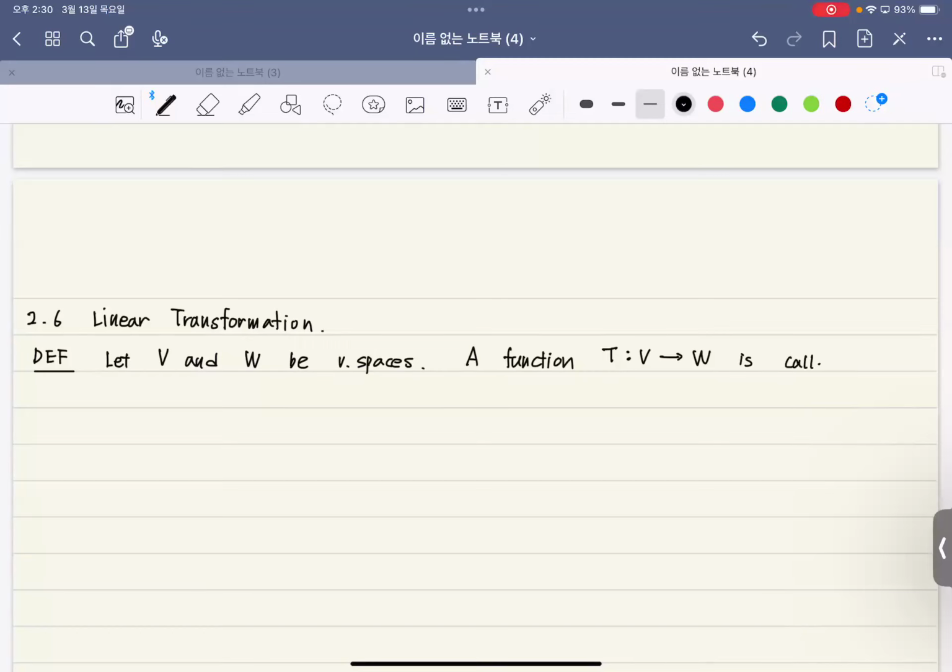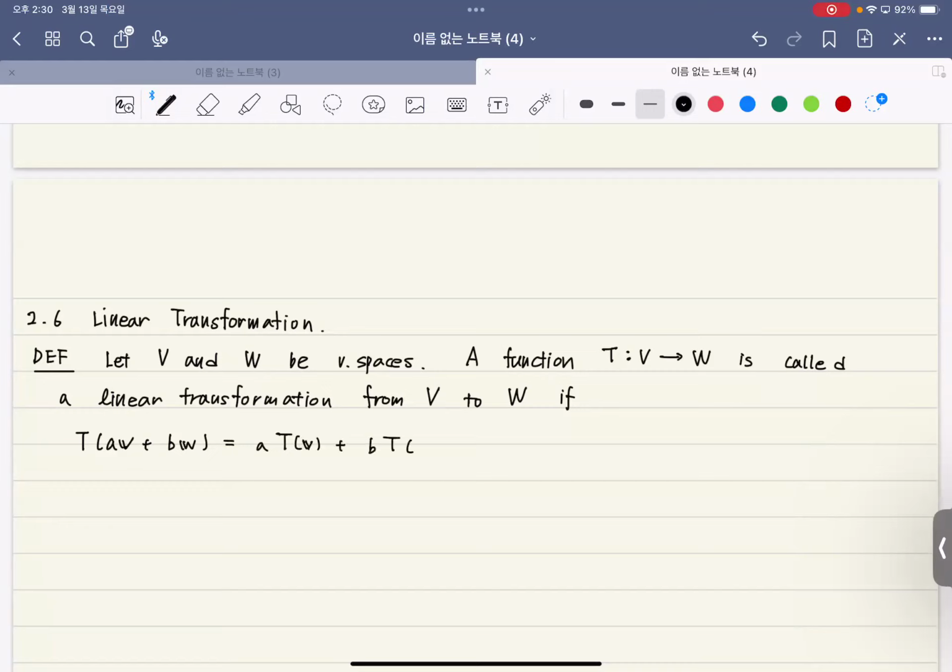And we say this function is a linear transformation, or shortly, just linear, from vector space V to vector space W, if the function satisfies this condition: for all scalars a, b, and all vectors v, w.